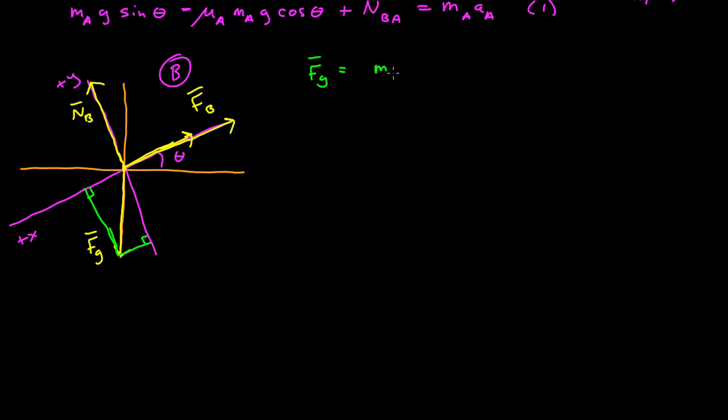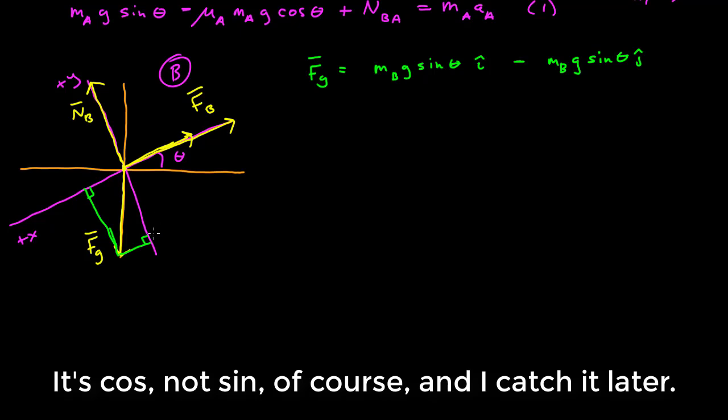So my x component is mass of B times acceleration due to gravity sine theta i hat, and the y component is mass of B times acceleration due to gravity cos theta j hat, and I know that the y component is pointing along the negative y-axis, while the x component is pointing along the positive x-axis.